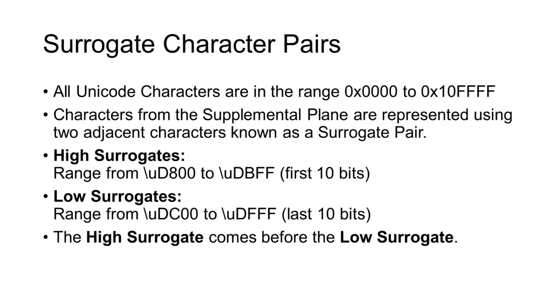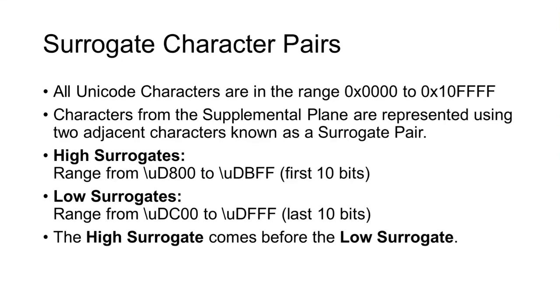So for surrogate characters, there are actually two ranges of characters within the 2-byte encoding that are used as surrogates, and they're in the hexadecimal range D800 through DBFF, or from DC00 through DFFF.